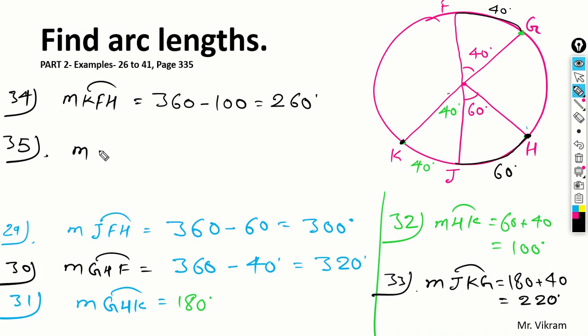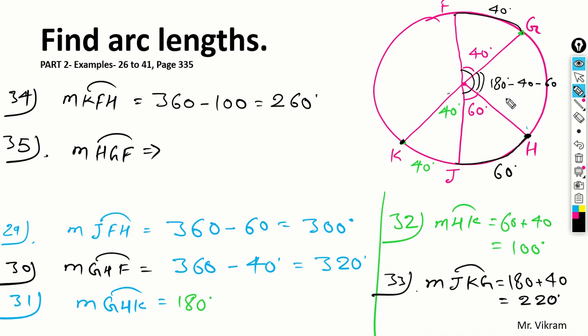Next, 35 is H, G, F, and this goes from H, G to F, right? Again the total is 180. This angle will be 180 minus 40 minus 60.